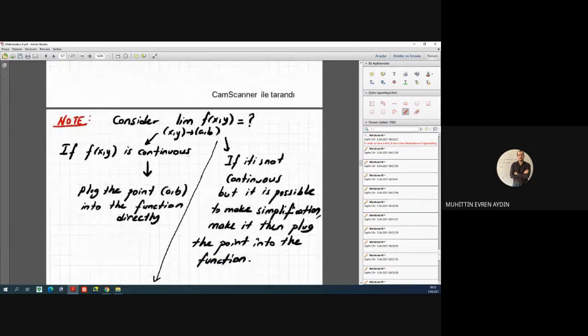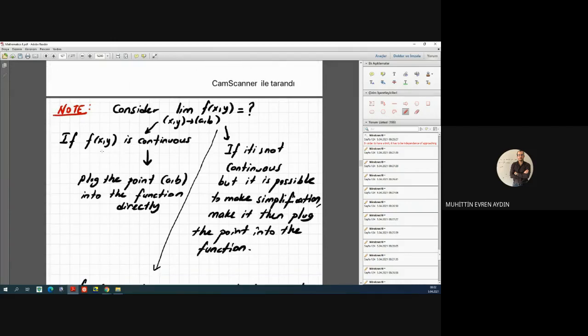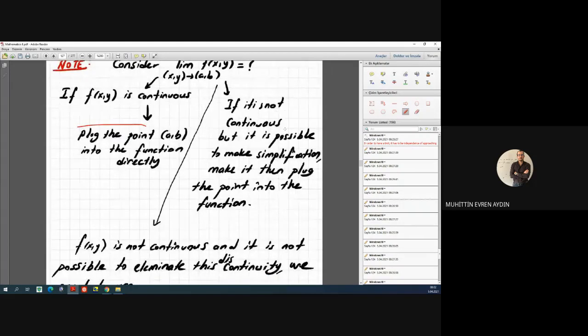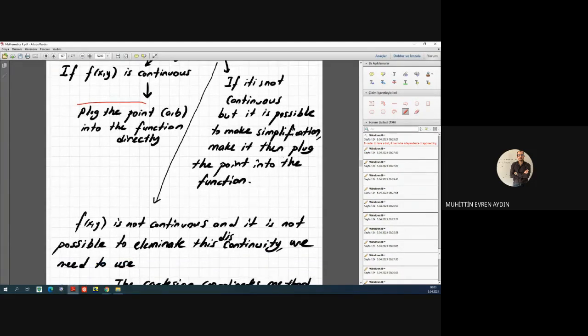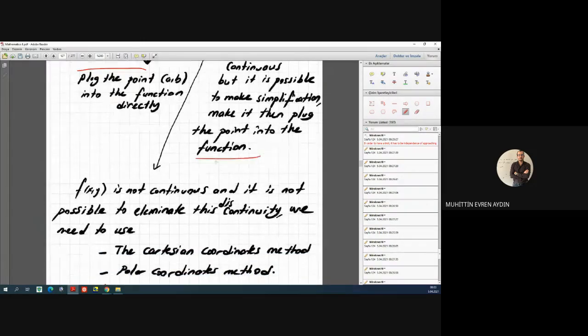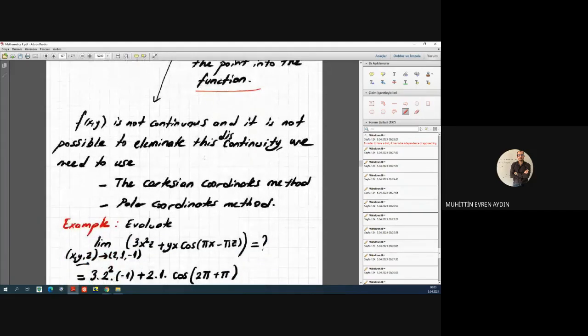Yes, we have a note. We have two options. If f is continuous, then yes, we plug the point into the function directly. If it is not continuous, but it's possible to make some simplification, then make it, then plug the point into the function. Okay.